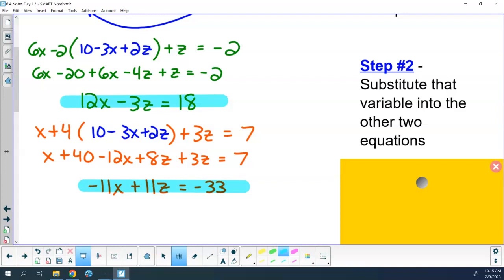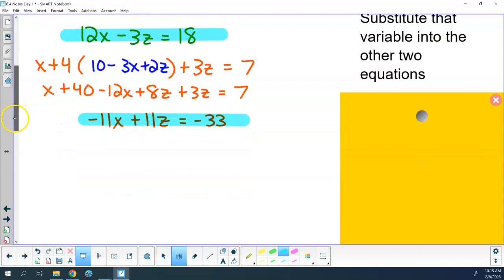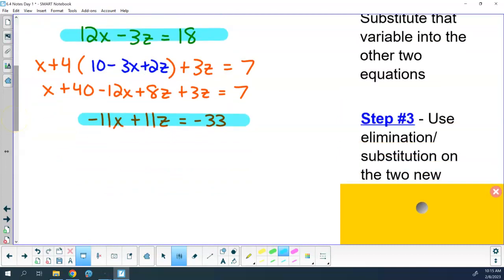So what can we do then? We could start over with either substitution or elimination or graphing, whichever one we want. Yeah. So now we're going to use substitution or elimination on those 2 new equations.